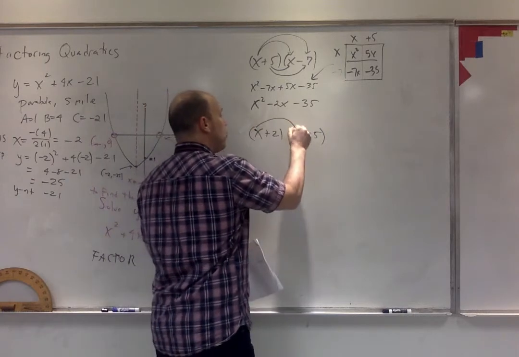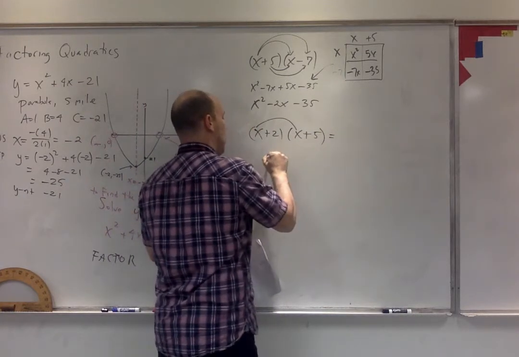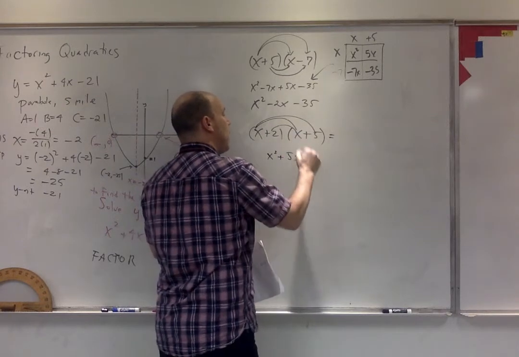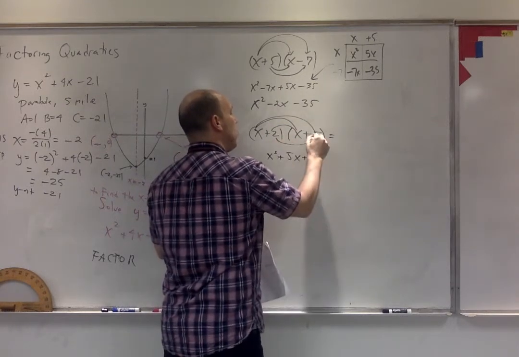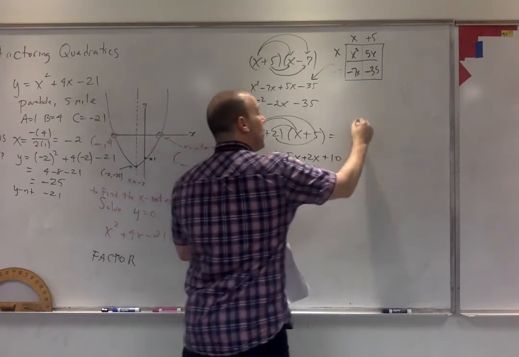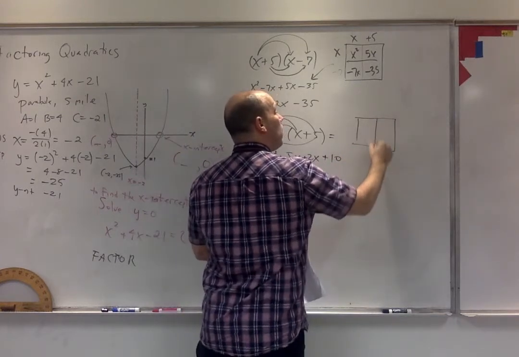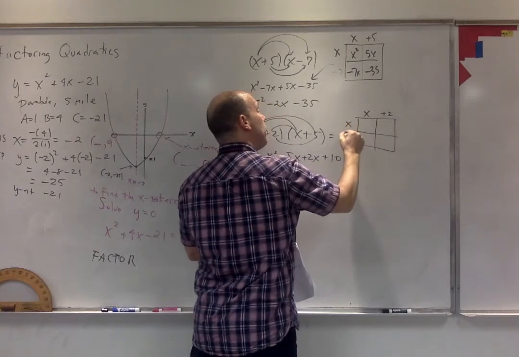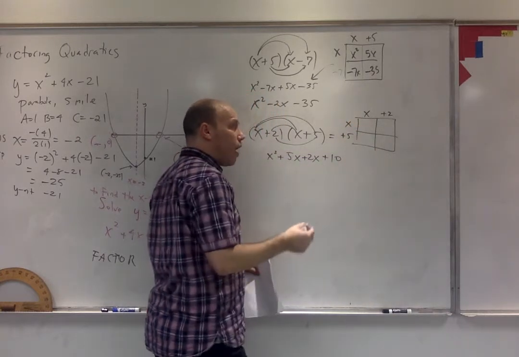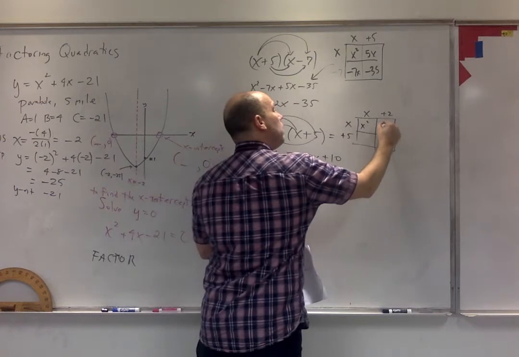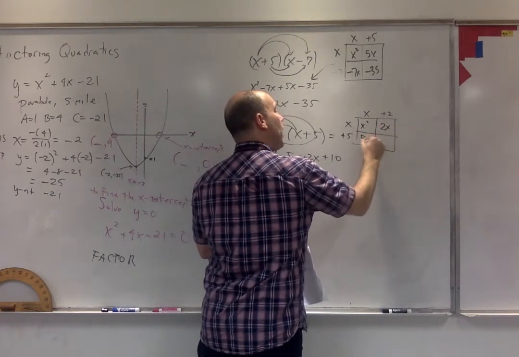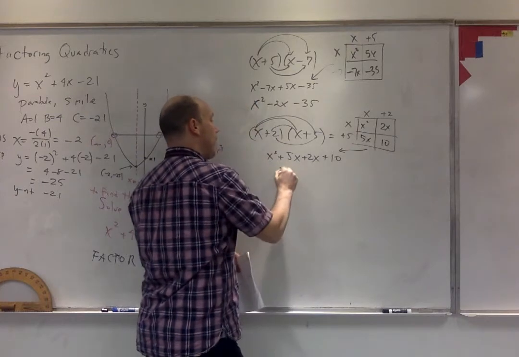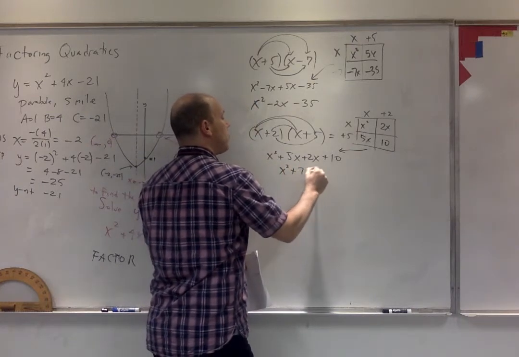So we know it's x squared plus 5x plus 2x plus 10. Once again, I can do the box method: x plus 2 on the top, x plus 5 on the side, giving x squared, 2x, 5x, 10. Write all the terms out, and we have x squared plus 7x plus 10.